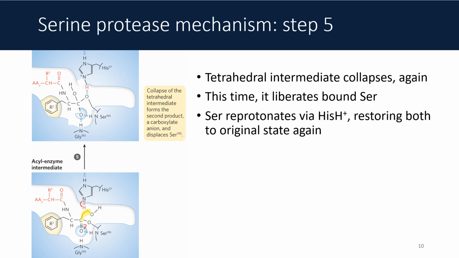That means we have to break a bond. The easiest bond that we can break is the pi bond of the C double bond O. When you do that, we're going to form a transient negative charge on that oxygen. This is going to be our second oxyanion intermediate.